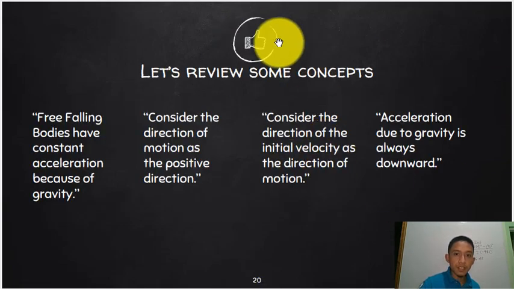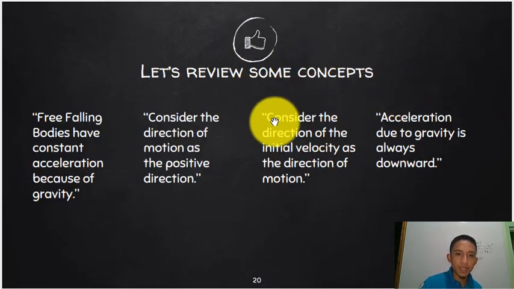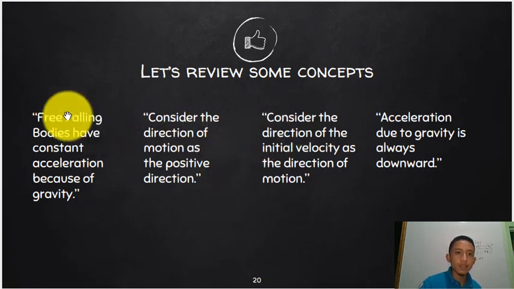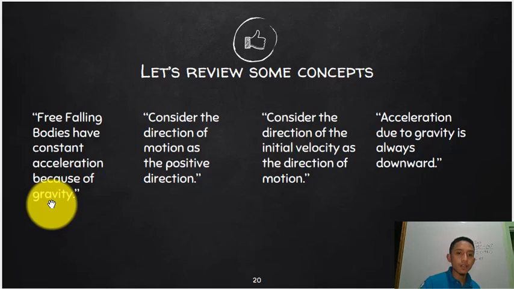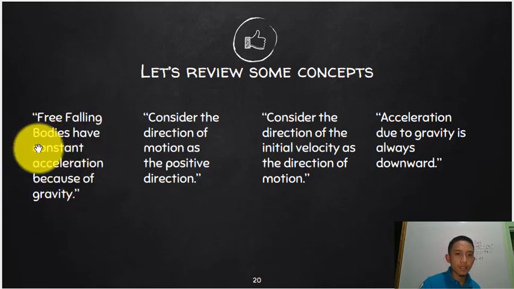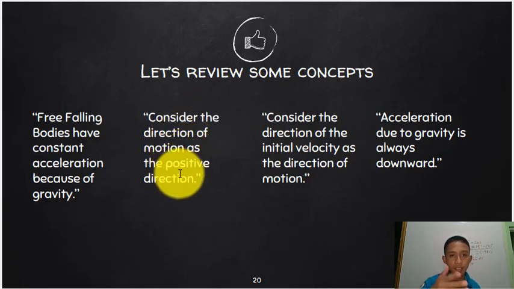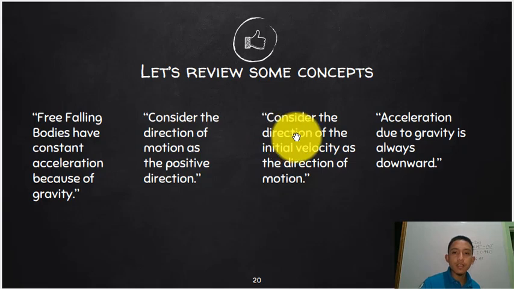So let's review. This is the important concept that we discussed here. Free-falling bodies have constant acceleration because of gravity. Yes, you only have there a uniform acceleration, which is the gravity. Consider the direction of motion as the positive direction. I explained that one a while ago. Consider the direction of the initial velocity as the direction of motion.